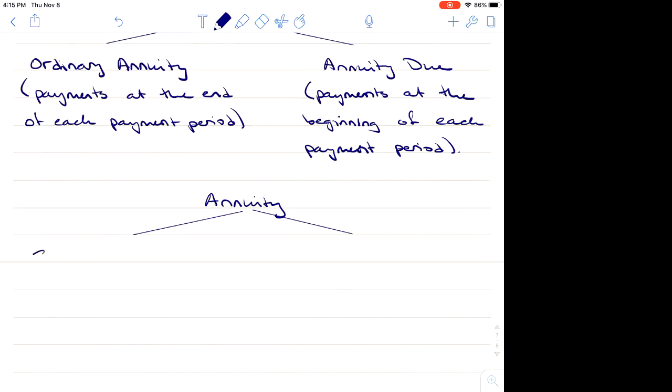And they can be either a simple annuity or a general annuity.